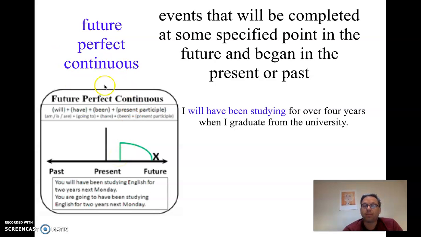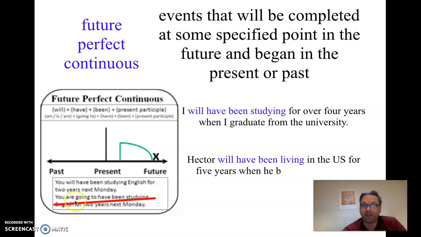So again, the progression, the continuousness of this goes from sometime in the past, right, or even in the present or in the future, into a date further into the future. Again, my suggestion here is that the B version of this, not very frequently used. You can probably ignore that for now. I'll give you another example.